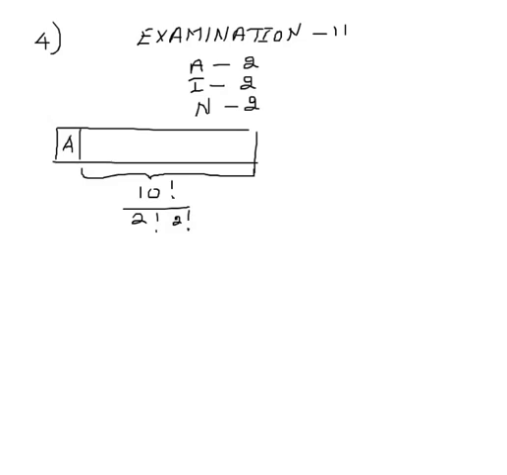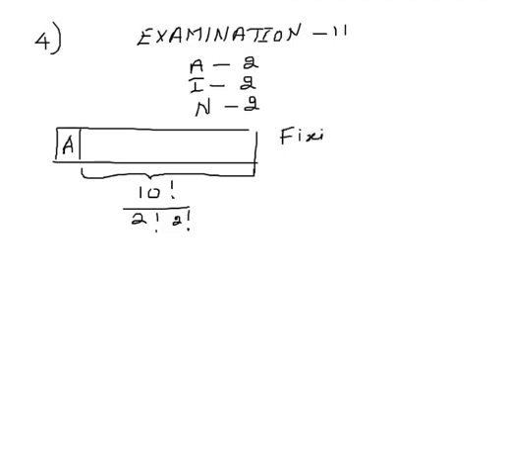I don't have 2 A's because 1 A has been fixed in the first position. So in the remaining 10 alphabets, I will have only 1 A. This 2 factorial is for 2 I's and this 2 factorial is for 2 N's. Out of these 10 alphabets, we have only 1 A, not 2 A's.